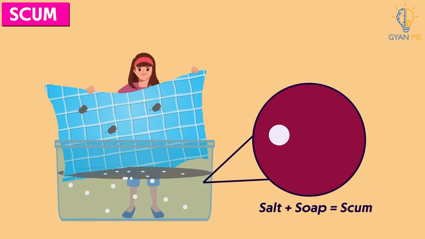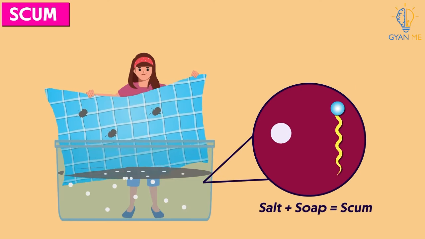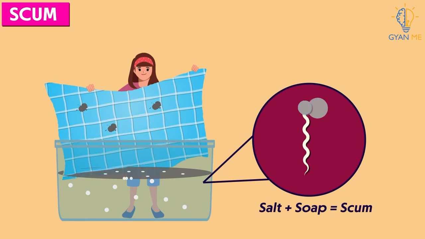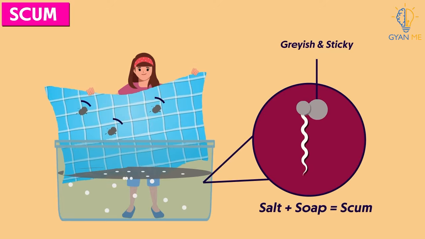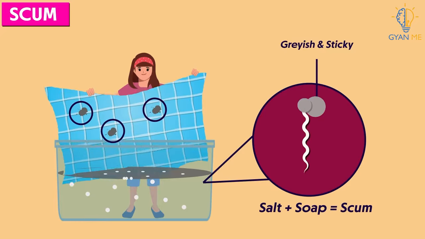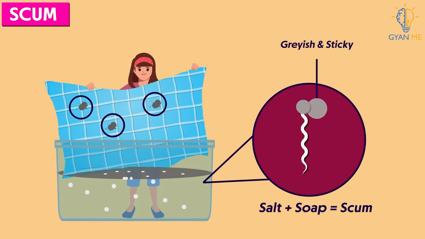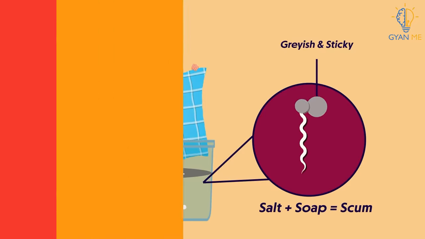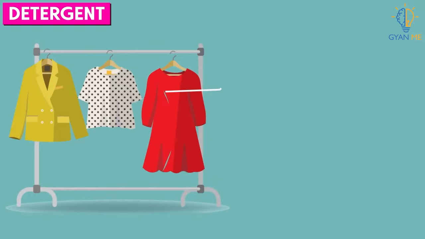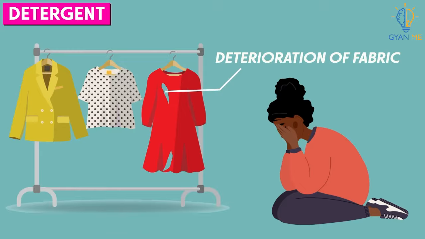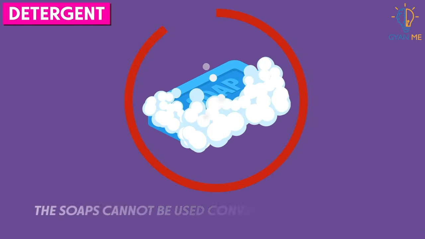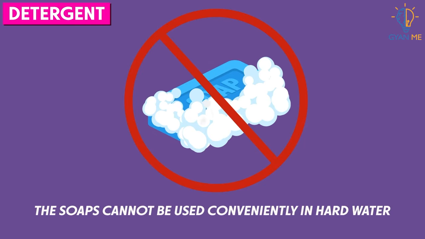These salts react with soap molecules to form insoluble products which are grayish and sticky. So they leave a deposit on clothes or skin and do not easily rinse away. Over time, this can lead to deterioration of fabric and eventually ruin the clothes. Thus, soaps cannot be used conveniently in hard water.